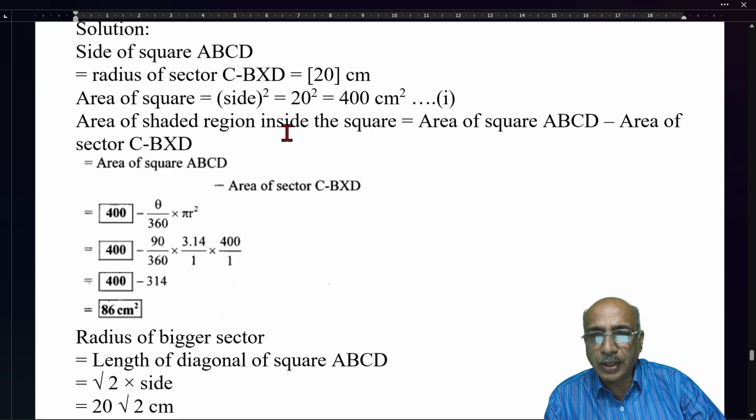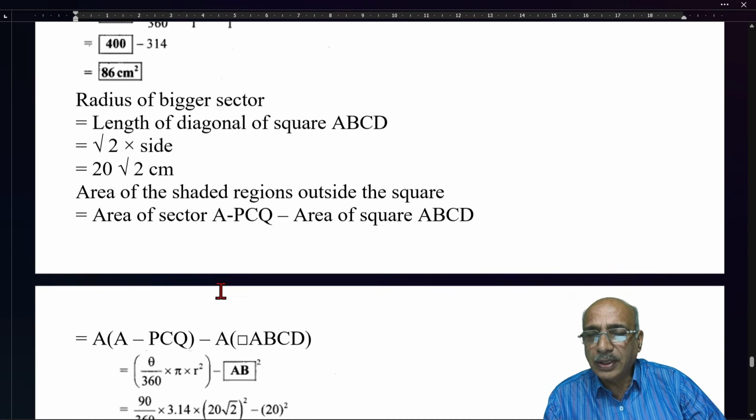Area of shaded region inside the square equals area of square ABCD minus area of sector C'BXD, which equals 400 minus theta upon 360 into pi r square. Substituting the value and simplifying, we get this equals 86 centimeter square.